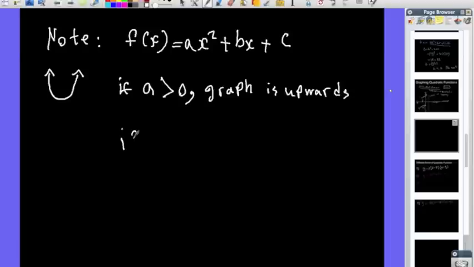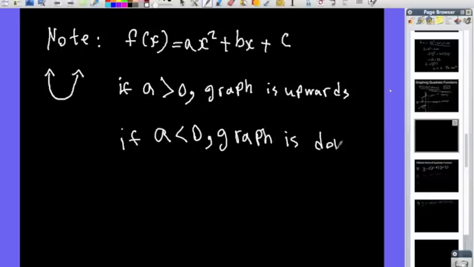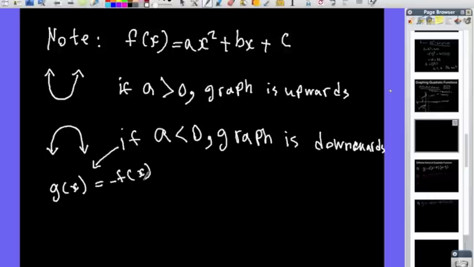Though if a is less than 0, which means if a is negative, the graph would be downwards, which means it would look like this. So this would be something like g(x) equals negative f(x).